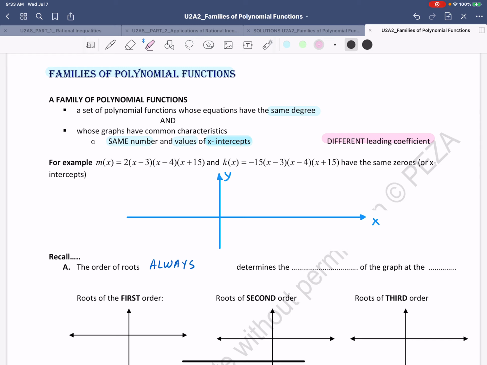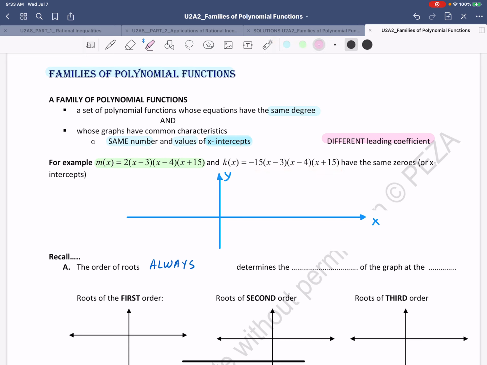So here I brought as an example the equation of a polynomial function m of x equals 2(x minus 3)(x minus 4)(x plus 15), and k of x equals negative 15(x minus 3)(x minus 4)(x plus 15).